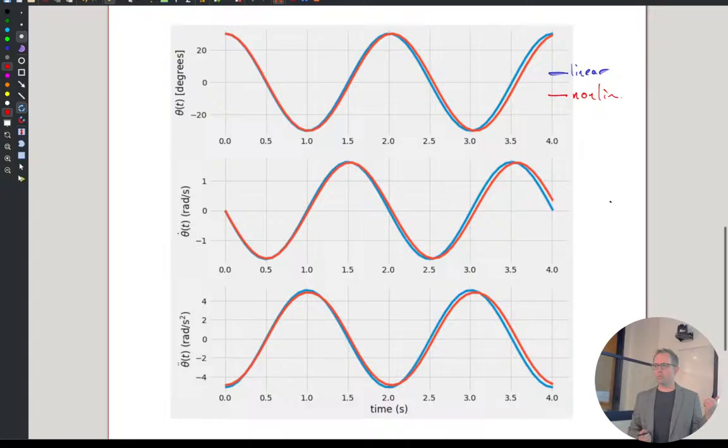So what do we see? What do we see that's the same or different between these plots? In this first one, we said it was close enough, at least to start. We said the linear versus non-linear is close enough for engineering work.